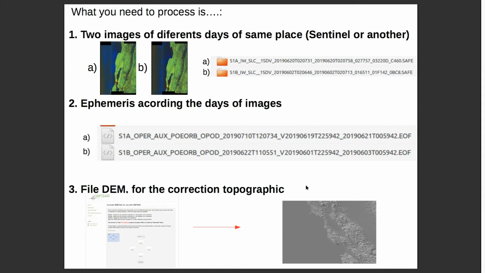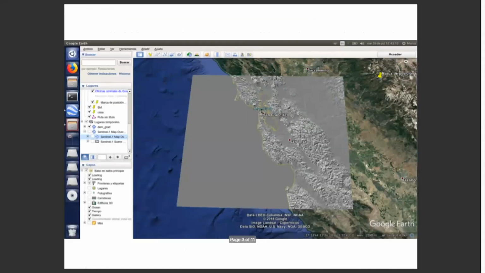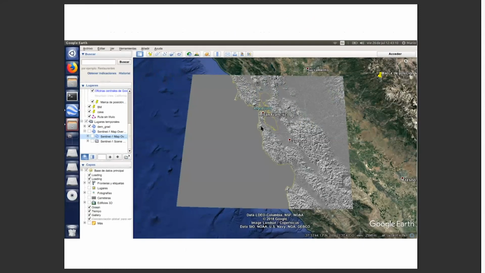When you have all the information, you can see the images in Google Earth.